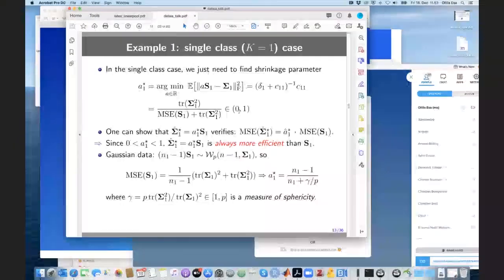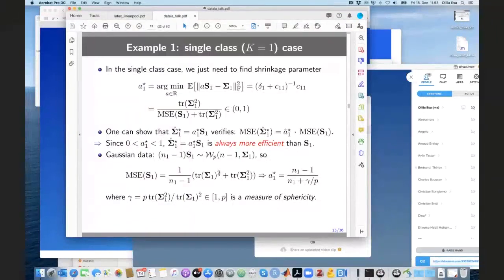Then what if we go further and assume that the population that our observations are coming from is Gaussian? This means that the sample covariance matrix, or the scaled version of it, has a Wishart distribution. And we can use the properties of the Wishart distribution to say that the mean squared error of the sample covariance matrix is of the following form.